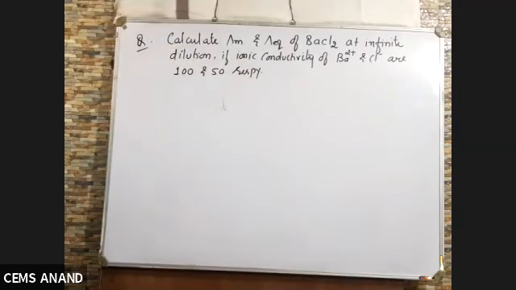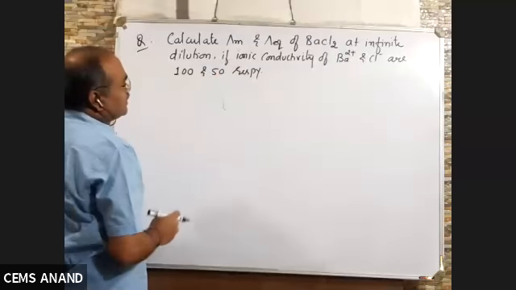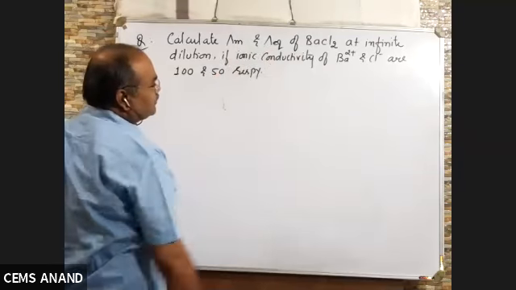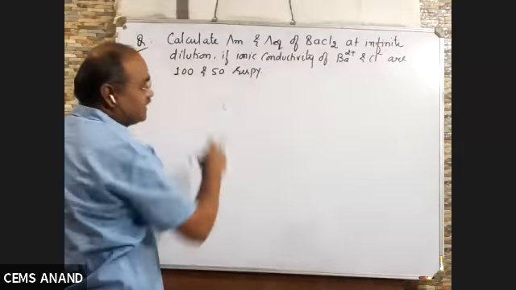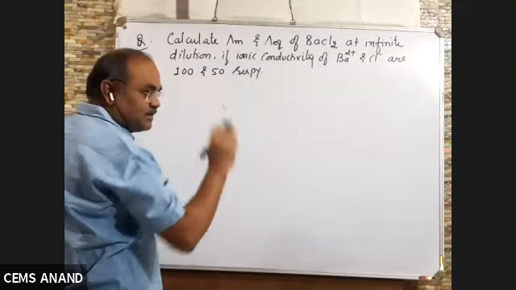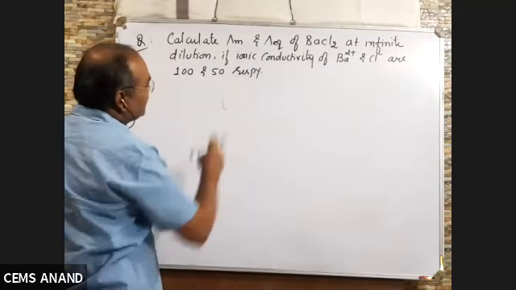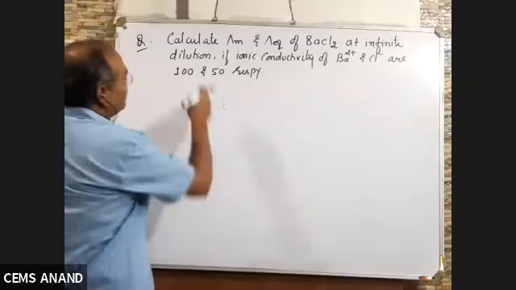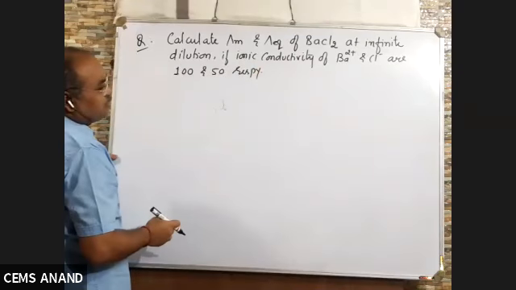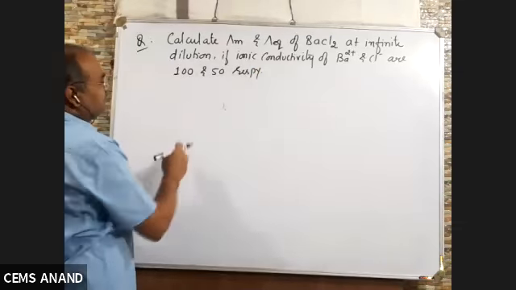Now, this is the data given to you. So, calculate molar conductivity and equivalent conductivity of BaCl2 at infinite dilution. Infinite dilution means lambda m0, lambda eq0.